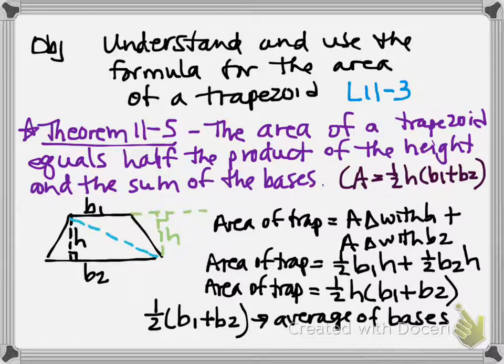The average of the bases ends up describing the median of the trapezoid. Now we'll get more into this in subsequent lessons. But that's basically what the formula comes down to: figuring out the average of the bases, which represents the median of the trapezoid, and multiplying it by the height.